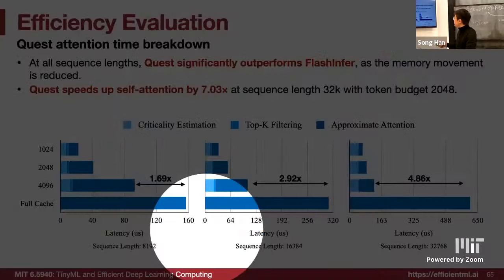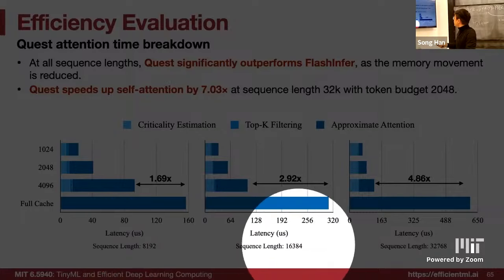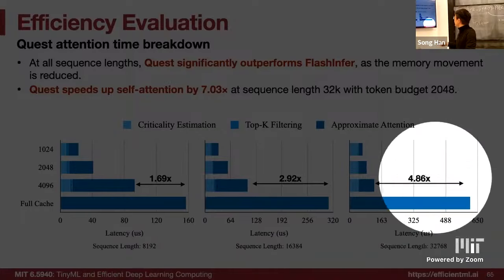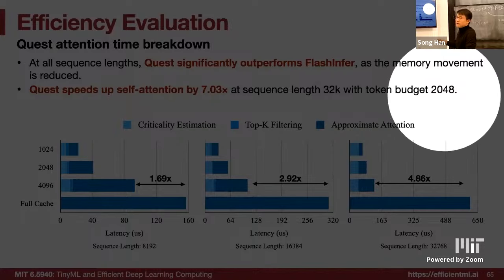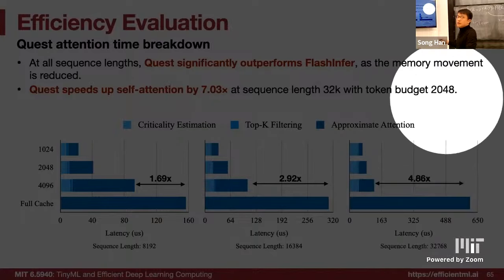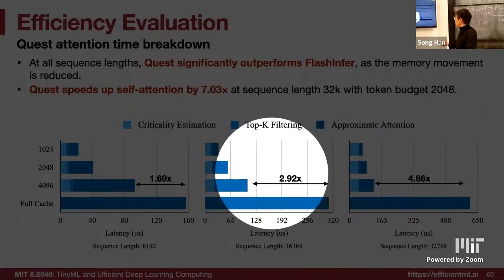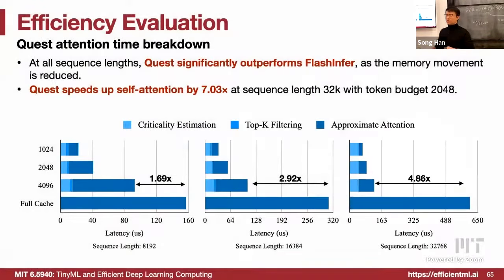This is for different sequence lengths: this is 8K, this is 16K, this is 32K, and the budget is the same, 2K. We can imagine the longer the sequence length, given the same budget, the larger the improvement, from 1.7x all the way up to 4x latency reduction compared with the full cache.